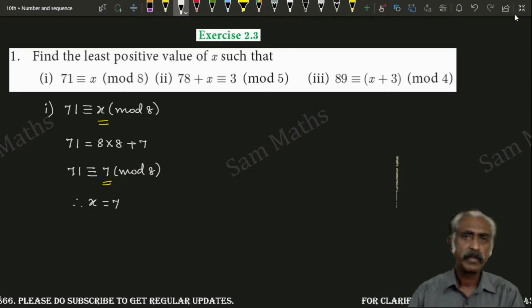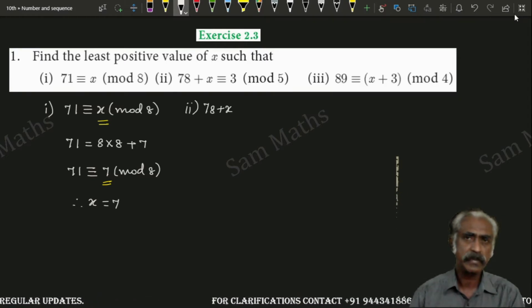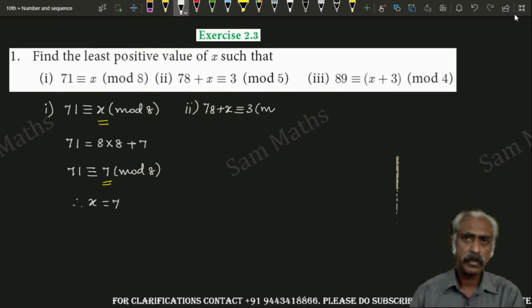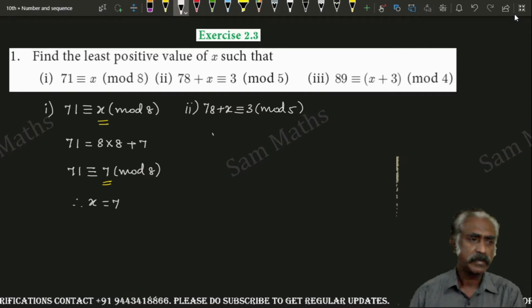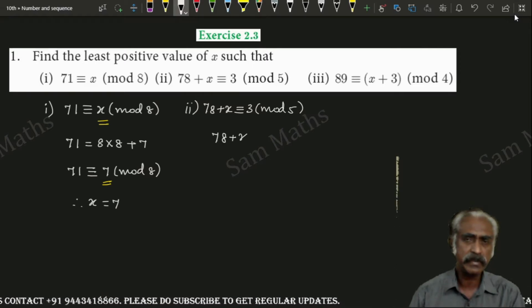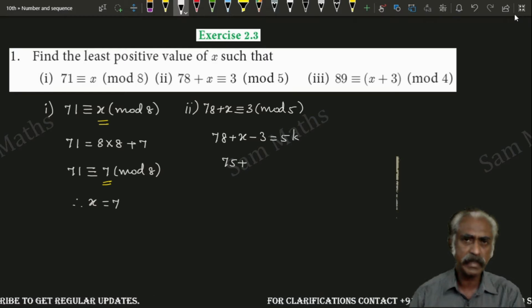Clear, children? Now, second question, it's given 78 plus x congruent to 3 mod 5. This we can write as 78 plus x minus 3 equal to 5k. Just to simplify this, you are getting 75 plus x equal to 5k.